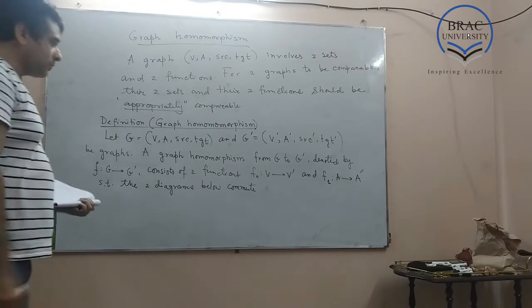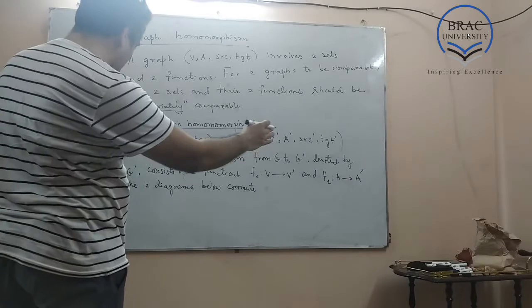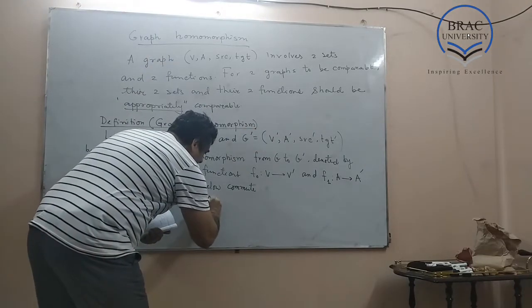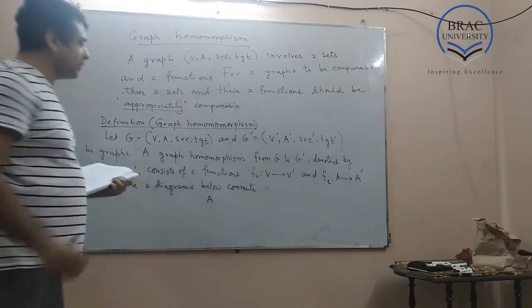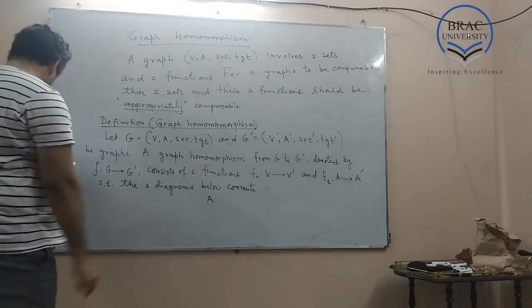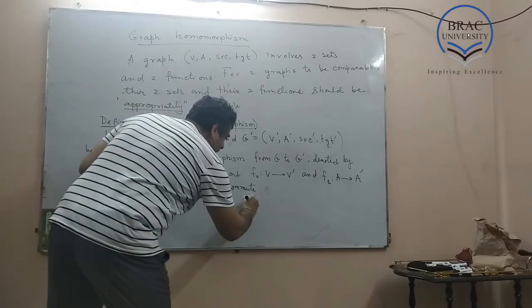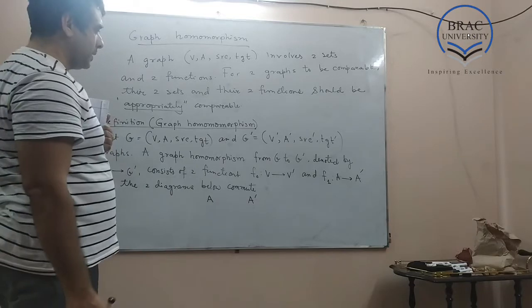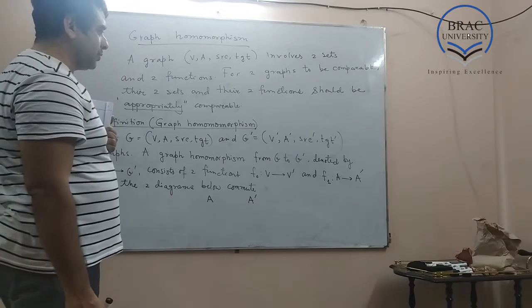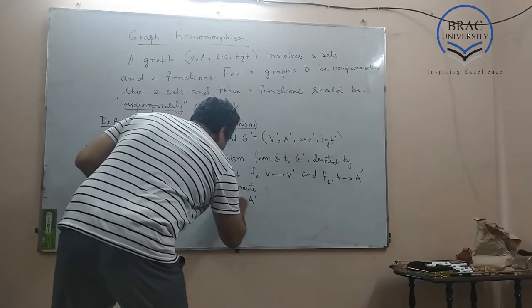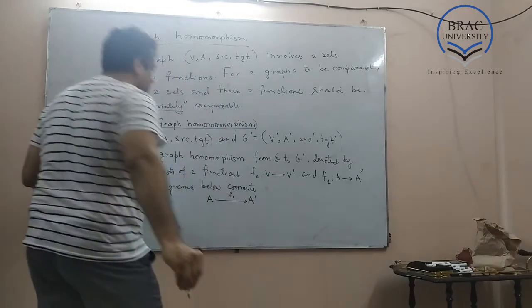So let me draw these two diagrams, one on the left and one on the right. A is the set of arrows of graph G, and A prime is the set of arrows of graph G prime. And we know that there is this map f1 from A to A prime. Okay.